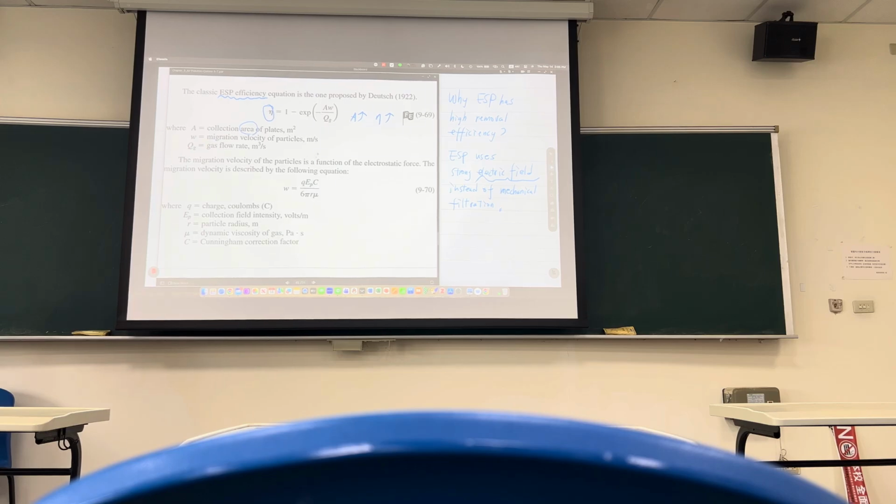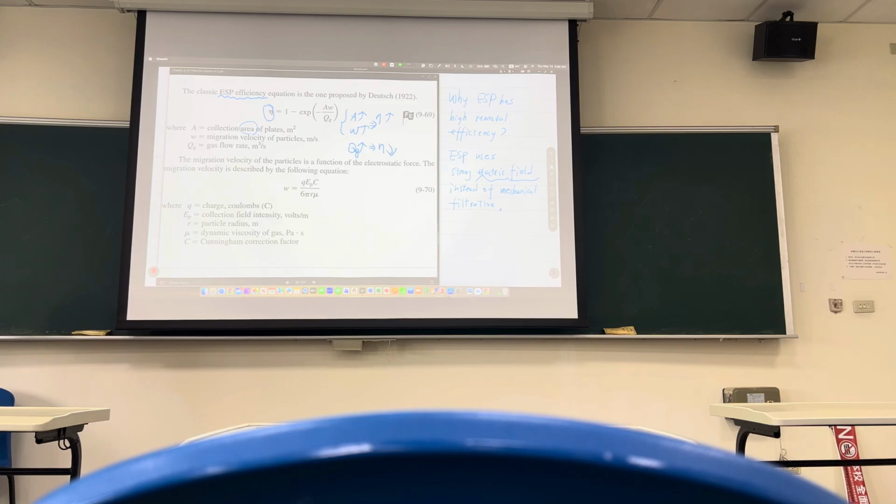The higher the migration velocity, the better as well. However, the higher the Q_G, the lower the eta will be.